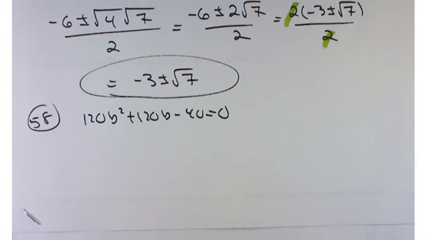Let's at least start this together. Sabrina, what would you do to start? The formula. Take out a 40. Yeah, I'd start by dividing everything through by 40.